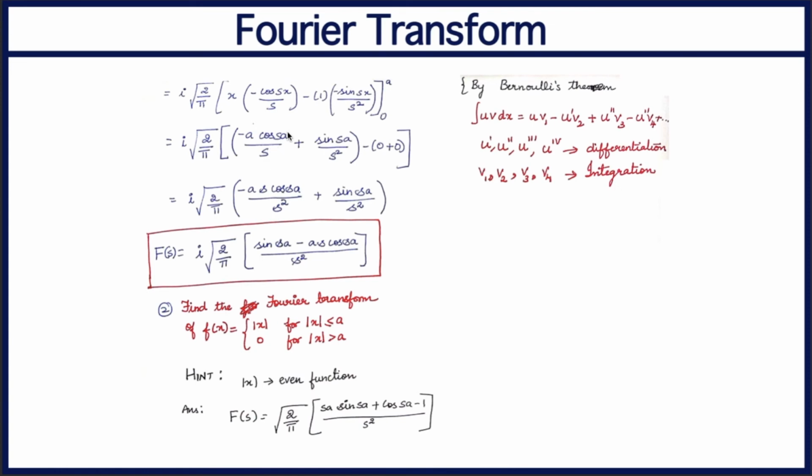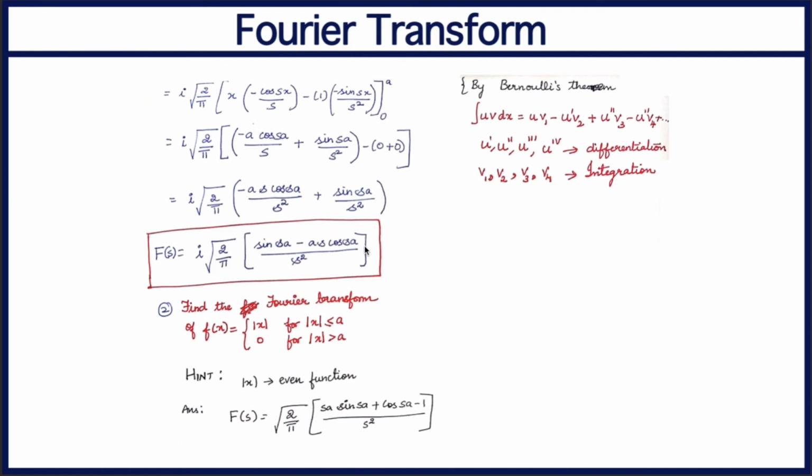If I multiply and divide by s here, it becomes minus s cos sa divided by s square plus sin sa divided by s square. So the common term is s square, and we can write it as sin sa minus s cos sa divided by s square.